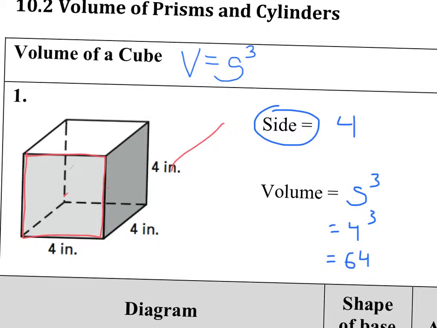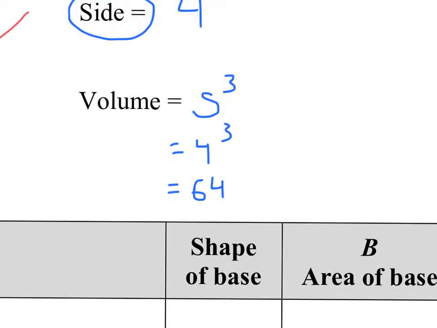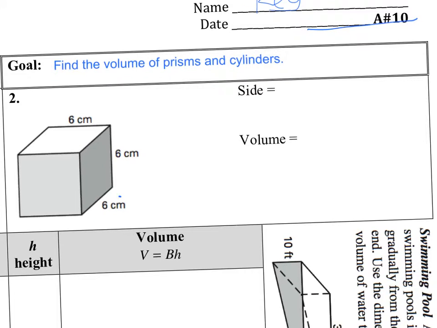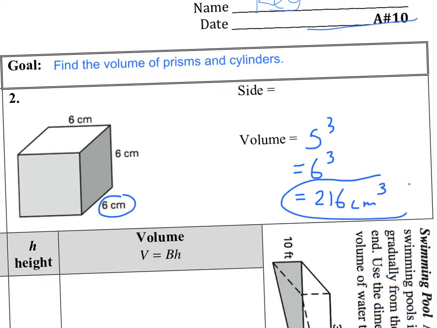And how do I write units? I have to do cubes, so inches cubed. All right, so this one here, no big deal. We recognize the side as 6, and our volume is side cubed, and 6 cubed, of course, is 216 centimeters cubed.